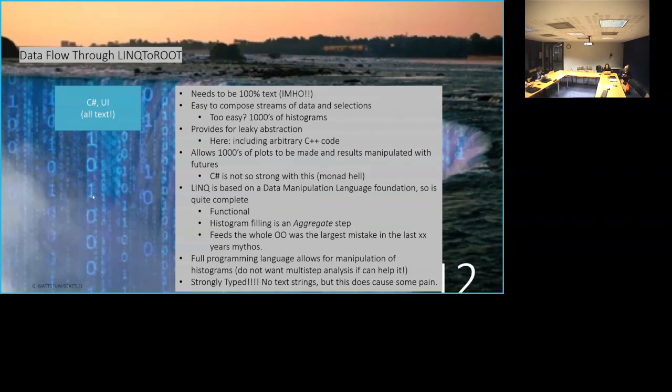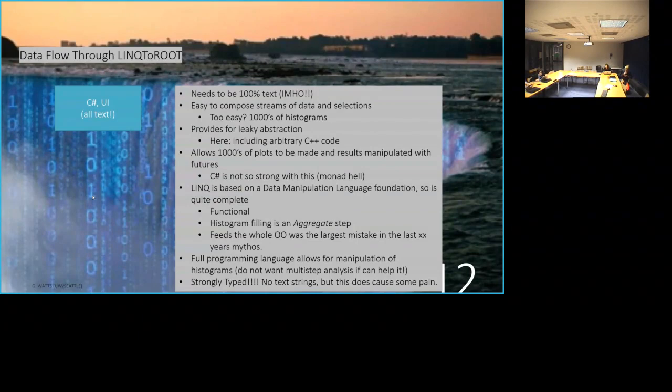It provides for the leaky abstraction, as I've already said, and I was also able to make thousands of plots in a run, and if the caching worked well, that would take 3 or 4 minutes if you had made those plots already. The other thing I really liked about C#, of course, was that it was strongly typed, but that's a personal preference.